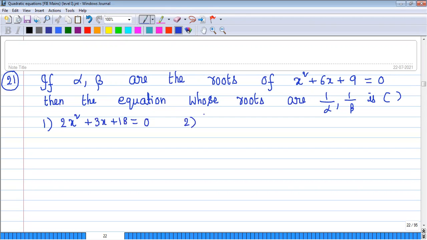Second option, x square plus 6x minus 9 equals 0. Third option, 9x square plus 6x plus 1 equals 0. Fourth option is 9x square minus 6x plus 1 equals 0.